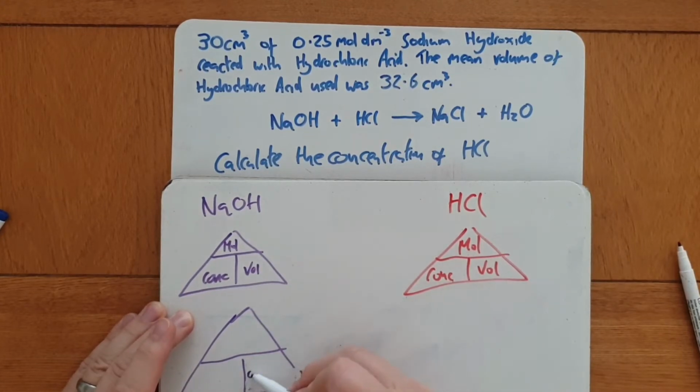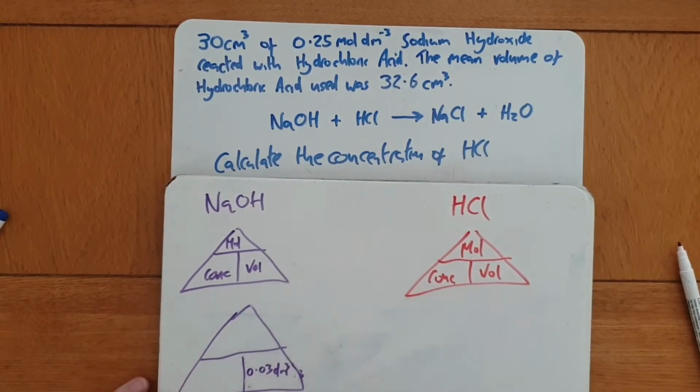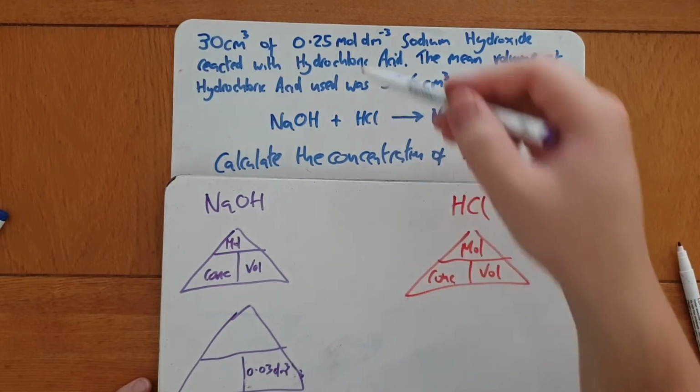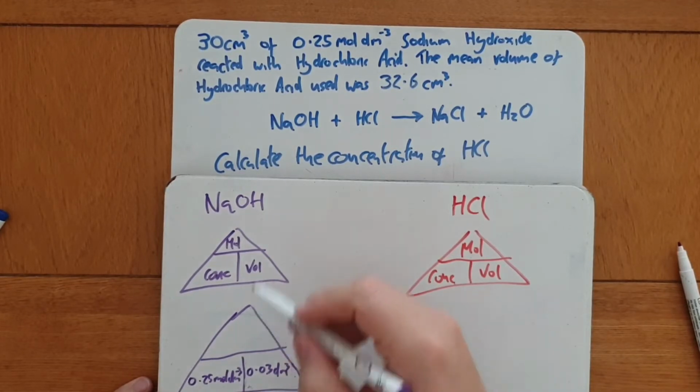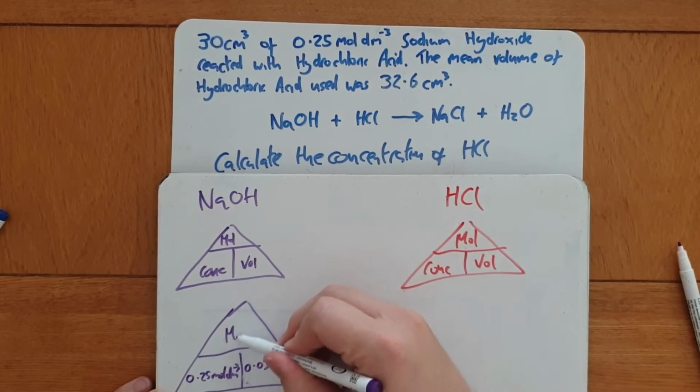So 0.03 decimeters cubed. So that's the volume. We know the concentration. It's 0.25 moles per decimeter. We don't know the moles.